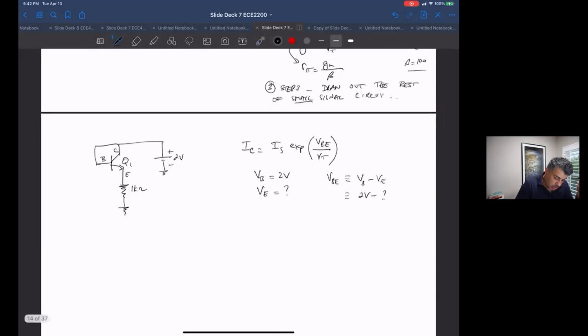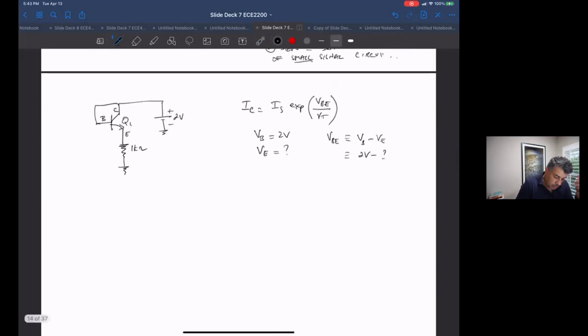So there are 2 things that determine the current, and therefore the voltages, in this circuit. One of them is this equation. Depending on the VBE, you get a certain current going through this guy. All right, so that's one.